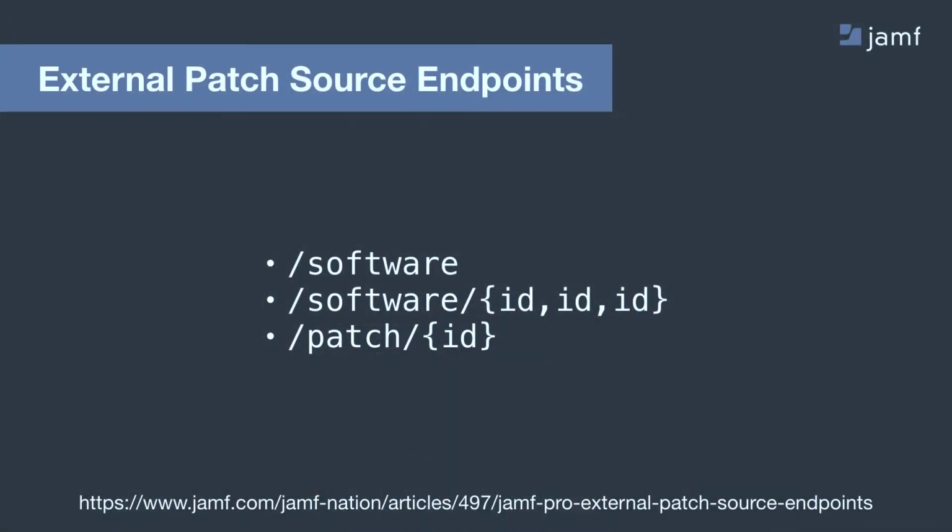So there are 3 endpoints that you need to expose on a server in order for it to be a valid external patch source. We're going to go through these one by one, and if you're getting a picture of the URL that's at the bottom, that URL will stay at the bottom for all these slides, so you have a chance to Google it. This link, in addition to describing these URLs for an external patch source, is what defines the whole patch definition spec itself.